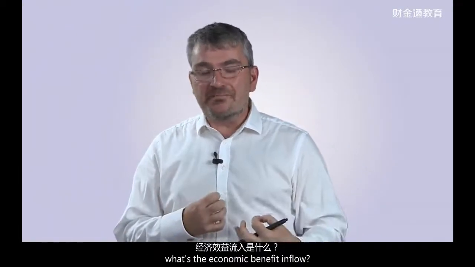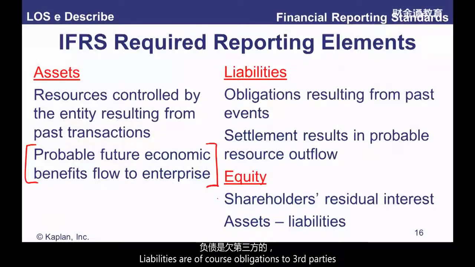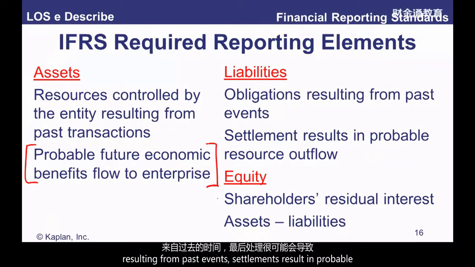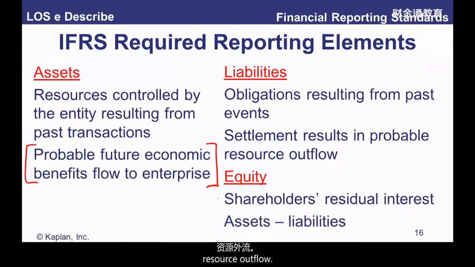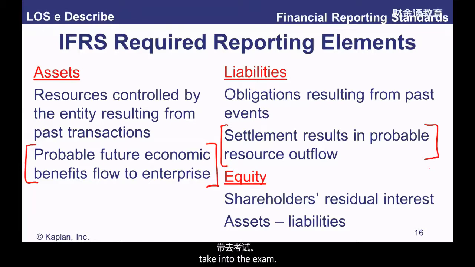What's the economic benefit inflow? Well, of course, cash should flow in when the customer pays. Now, liabilities are obligations to third parties resulting from past events. Settlement results in a probable resource outflow. So we said an asset is going to result in an inflow of benefit. A liability, therefore, results in an outflow of benefit when it is settled. So again, that's the definition of a liability I want you to take into the exam.